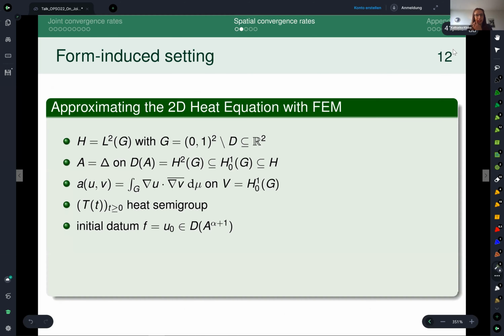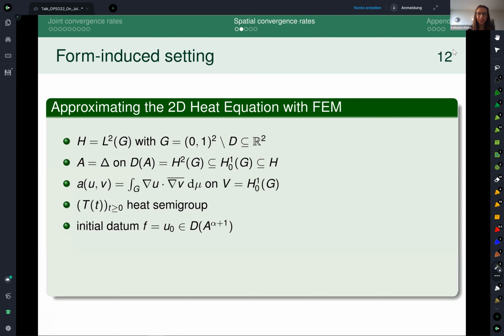And let's take a look back at the example. Because we don't care about the random coefficients in the second part, let's assume we just have the Laplacian as the generator. The corresponding form would then be the gradient of U times the gradient of V complex conjugated, integrated over our domain. And the right function space is H01, because we still assume to have Dirichlet boundary conditions.